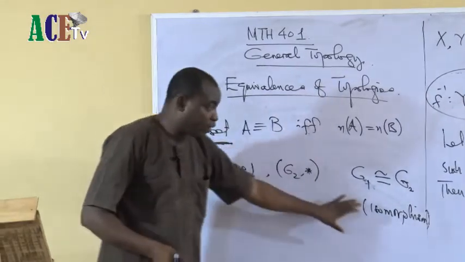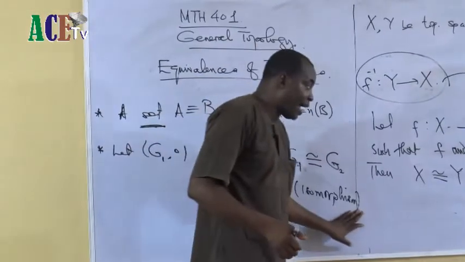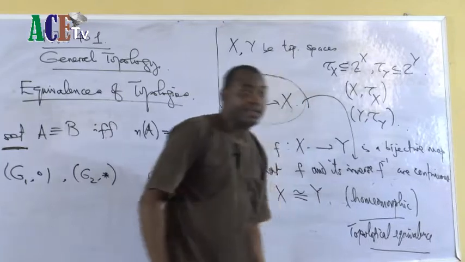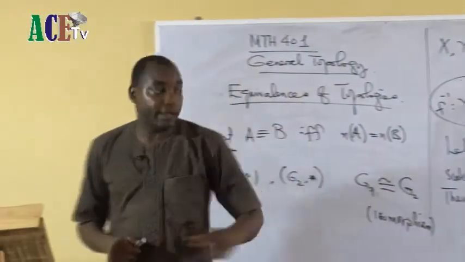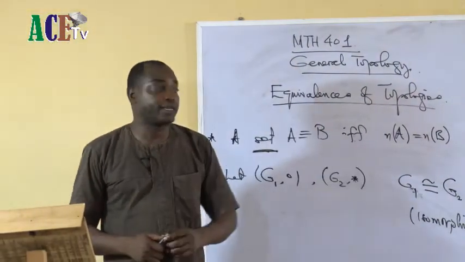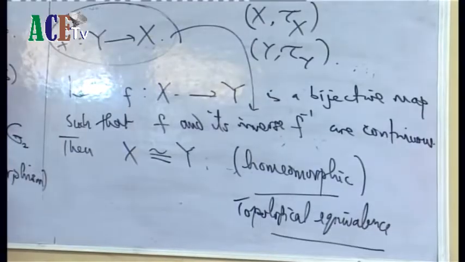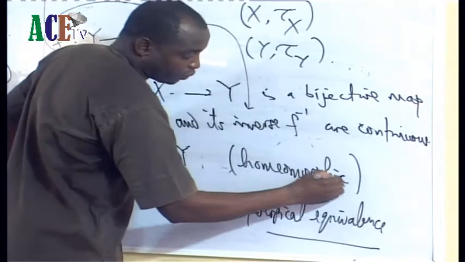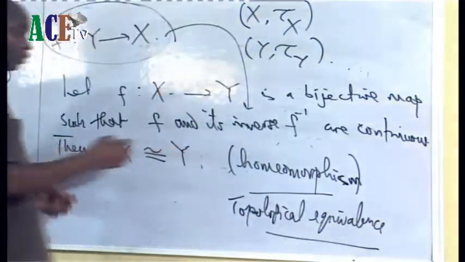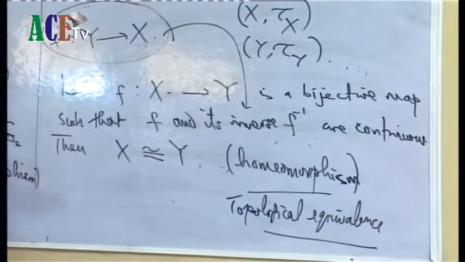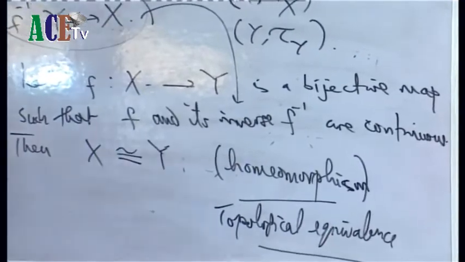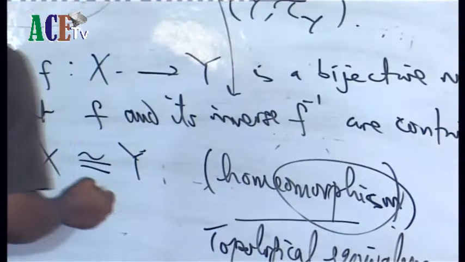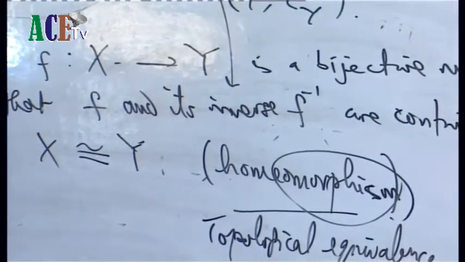For groups, we call the equivalence isomorphism. Then for topological spaces, we call it a homeomorphism. The word morphism here arises from the word map.